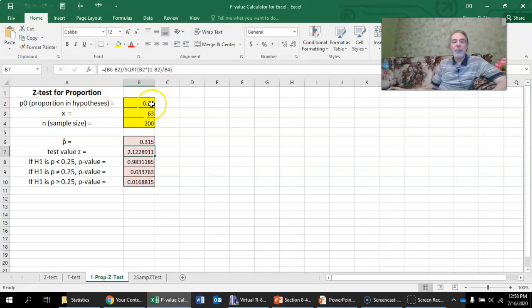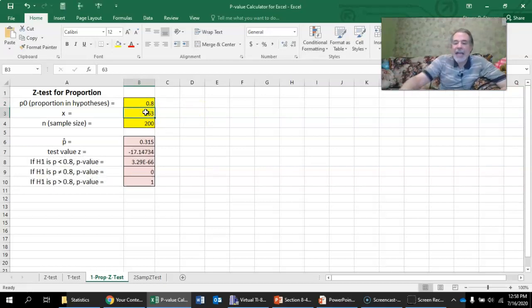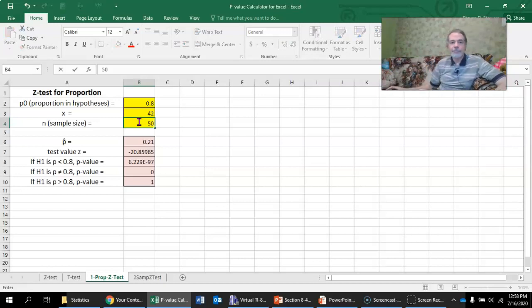The p0, the proportion in the hypotheses, was 0.80, or just 0.8. The x was 42. And the n was 50. So it tells us that p hat is 0.84, and the test value z equals 0.7071, so about 0.71.